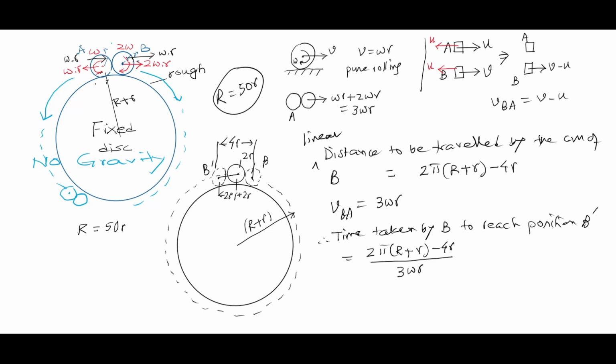So in place of R, we'll put 50r, and we'll get 2 pi into 51r minus 4r divided by 3 omega r. r will cancel. This is equal to, to match one of the options, I have taken 51 outside, 51 into 2 pi minus 4 by 51, divided by 3 omega.